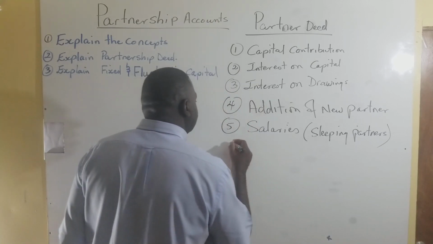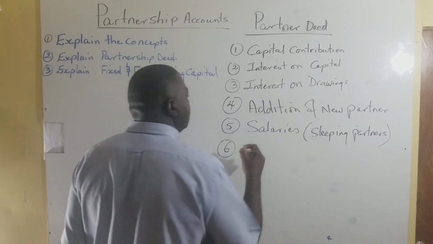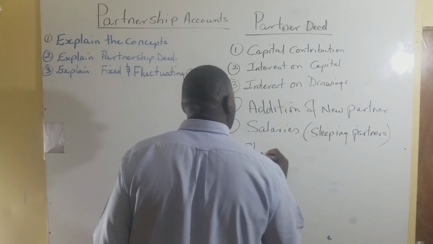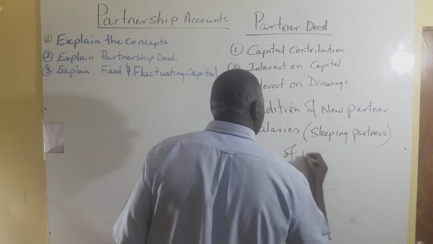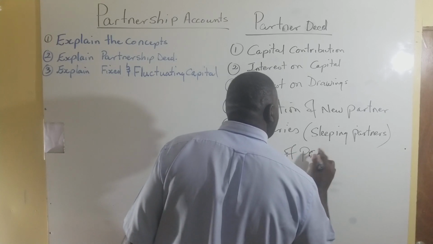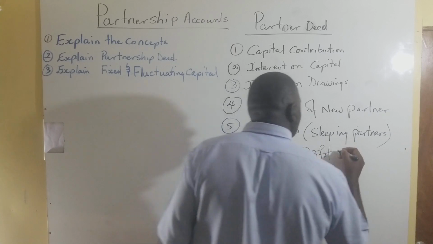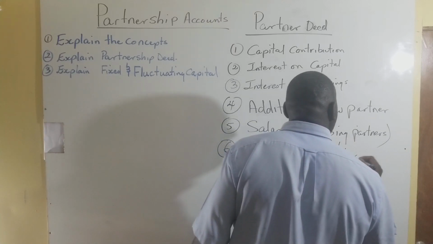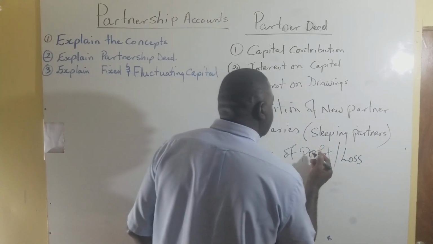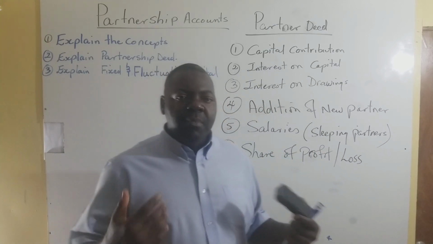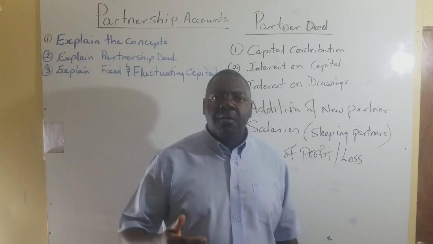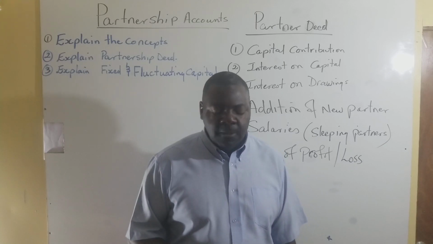I want to go to the 6th clause, and that is how the partners are going to share profit or loss. What arrangement will they make in sharing the profit? All right.